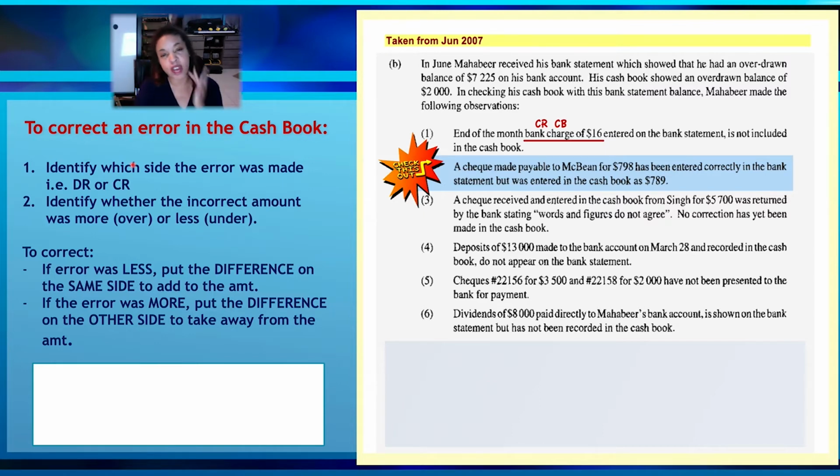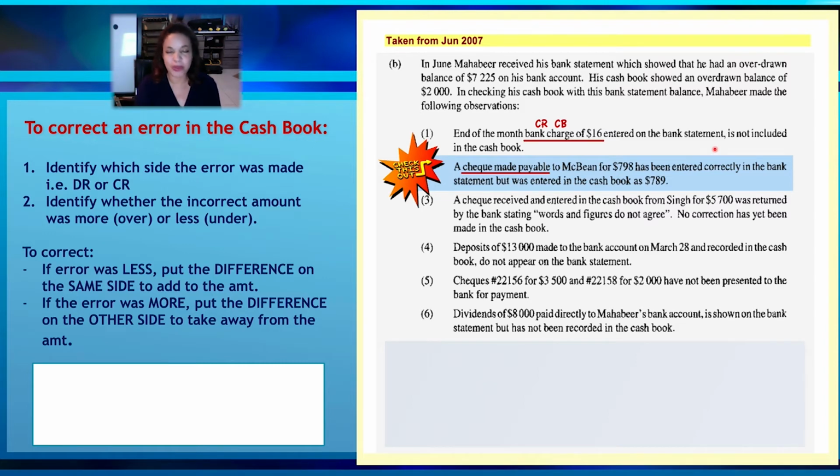So what was the transaction? It was a check made payable, which means we did the payment. Whenever we pay money, which side of the cash book does it go on? The debit side or the credit side?